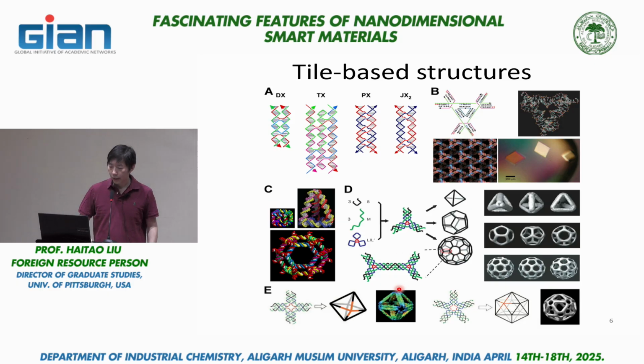People have tried different versions of this, but the essence of this slide is that you can use this very simple tile, or tile monomer, to create individual DNA structures or a lattice of DNA structures.